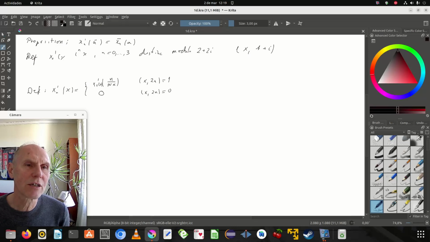And that means that we can define chi1 of x so that x times chi1 mark of x is equivalent to unity modulo 2 plus 2I.